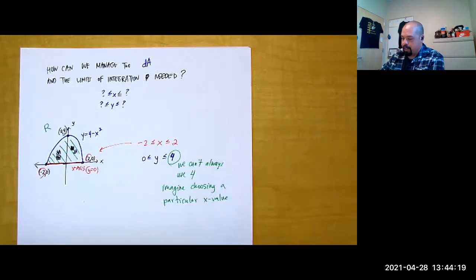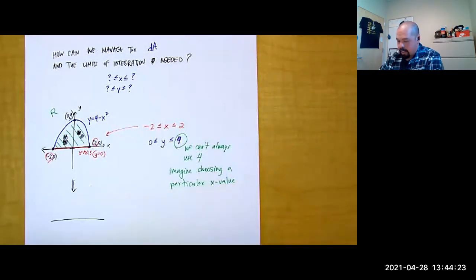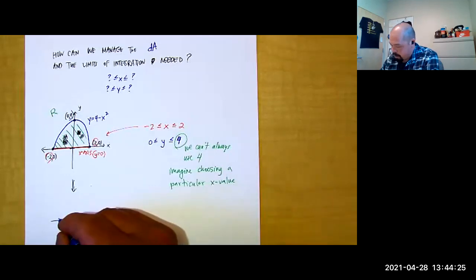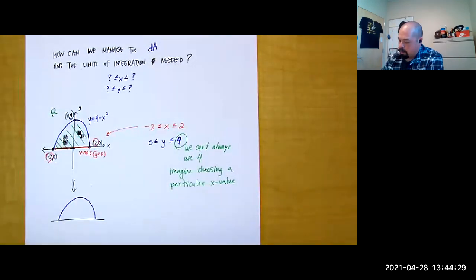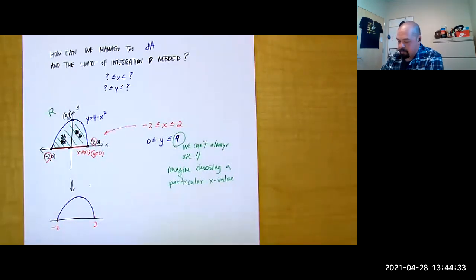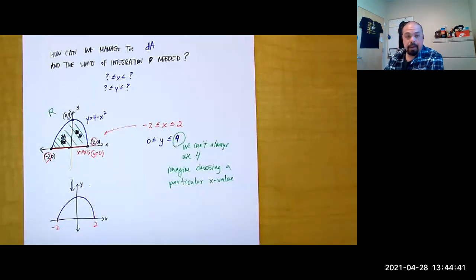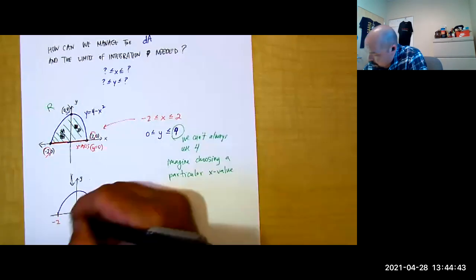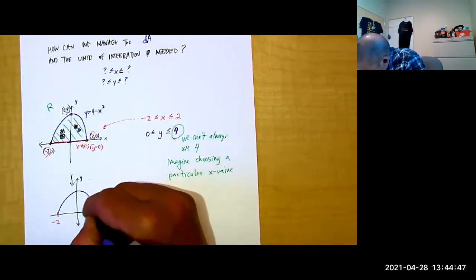Taking that space again, we're going between -2 and 2 on the x. There's my region, but what if I just take this little region here?